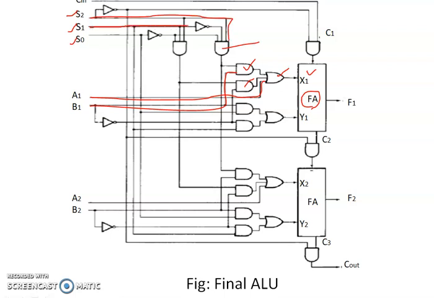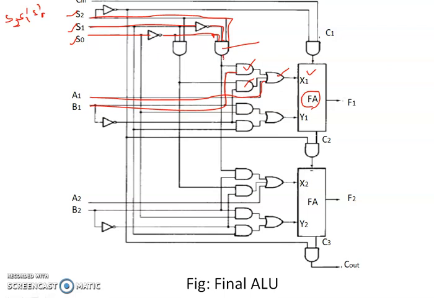S1 complement means it is fed to this NOT gate, and that output will be given as another input. Then again S0 complement, again through a NOT gate, and will be fed to this AND gate. Okay, so S2, S1 complement, S0 complement to this AND gate.